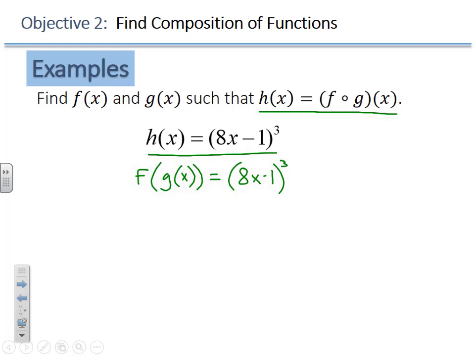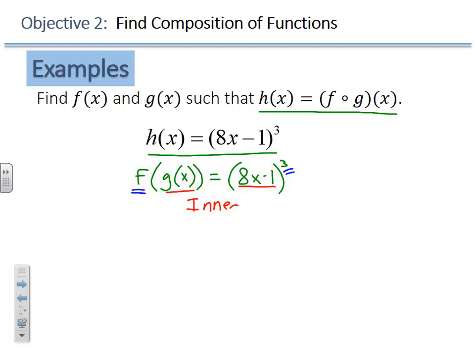So, here's the key. There's always going to be an inner and an outer function that's somewhat evident here. 8x minus 1 is sort of the inside function here, and g of x is the inside function. On the other hand, there's sort of an outer function as well. f is the outer function, as is the act of cubing our input.